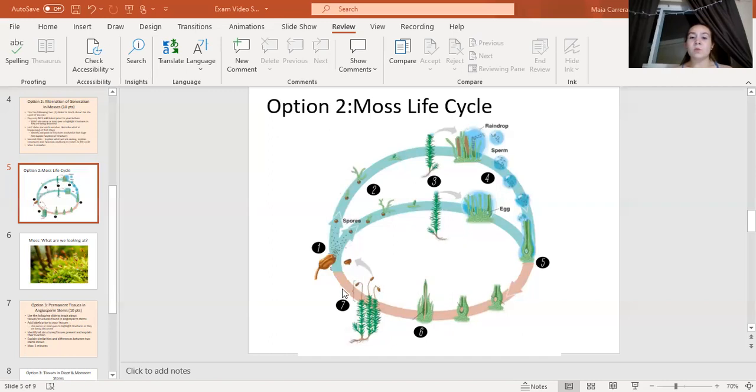And once those brown bits release spores, we're going to start the cycle all over again through meiosis. And so I personally feel it's a little bit easier to see what these brown bits are in the next slide. So we're going to go there first, and then we're going to go back, and I'll discuss the whole cycle all together.